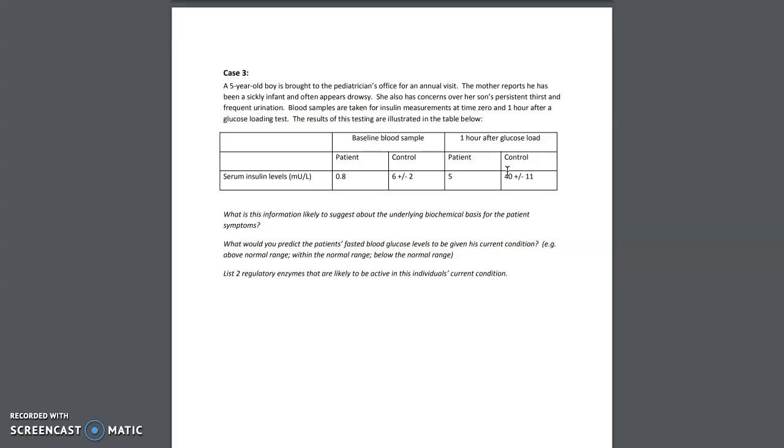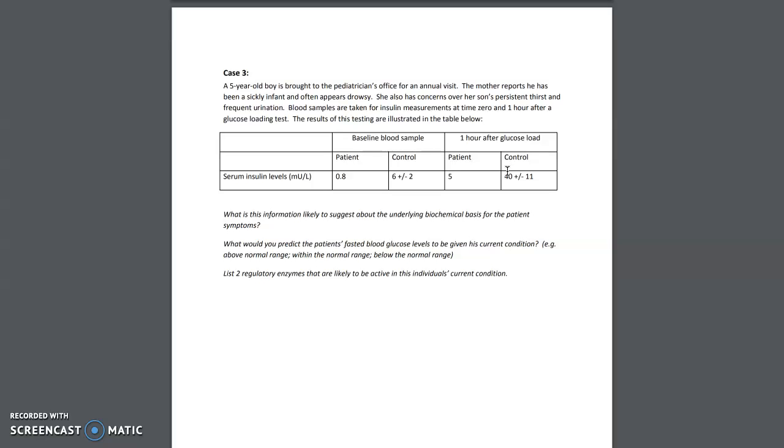The first one is glucokinase, which will phosphorylate glucose to make glucose 6-phosphate, which is then used for different things in the cell.